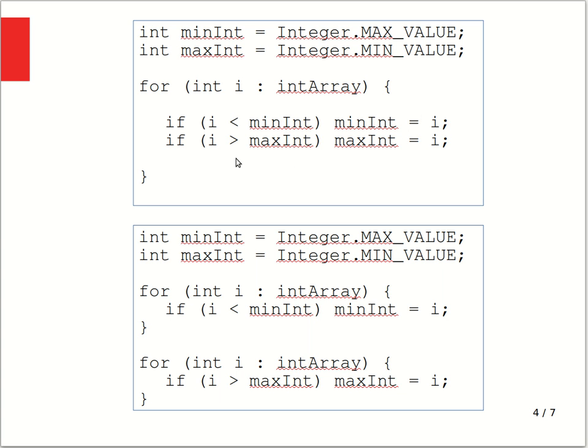And every time you see an i that's larger than the max int, the max int is assigned the value of i, right? So after the loop finishes, the min int is going to have the minimum value of the int array, and the max int is going to have the maximum value of the int array, right?